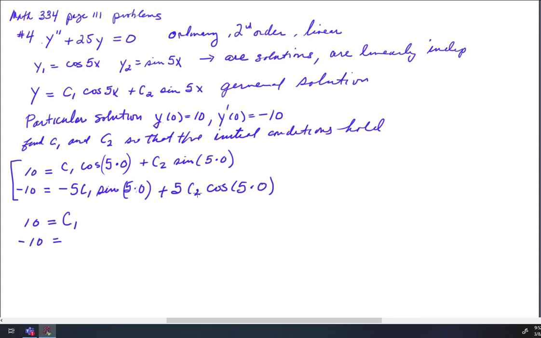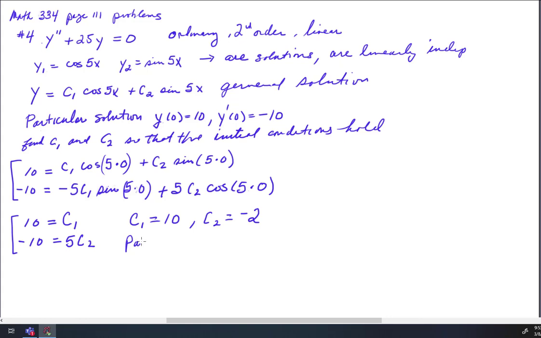And then I would have a 5C2, and 5 times 0 is 0, but the cosine of 0 is 1, so this would be 5C2, simultaneous equations. And from these, I get that C1 is equal to 10, and down here I don't even have to substitute, but C2 would be negative 10 divided by 5. C2 would be negative 2.